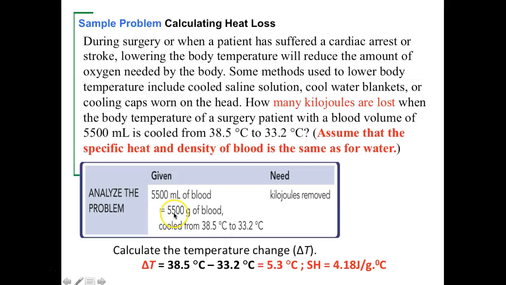So the temperature change, the delta T, final minus the initial, is 5.3 degrees centigrade. So the formula for heat is mass times the delta T times the specific heat. So 5500 times 5.3 times 4.184 should give you the heat in joules.